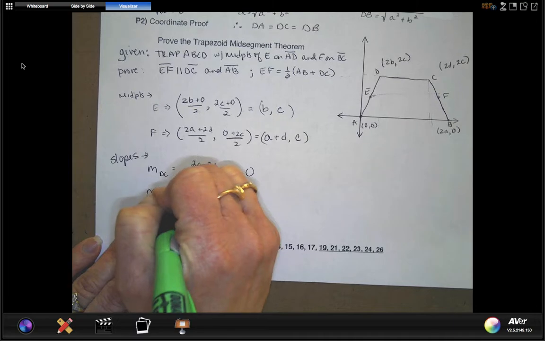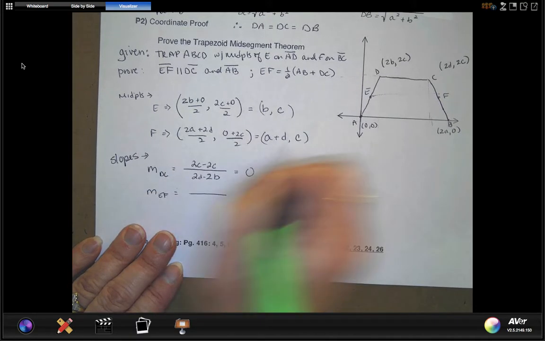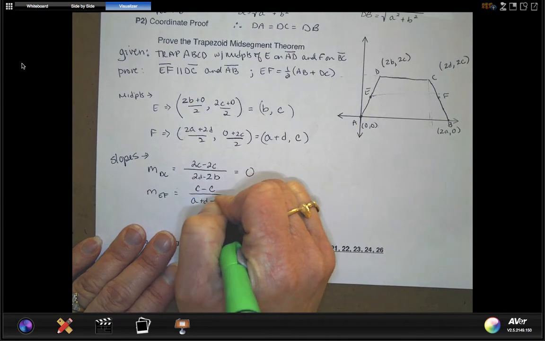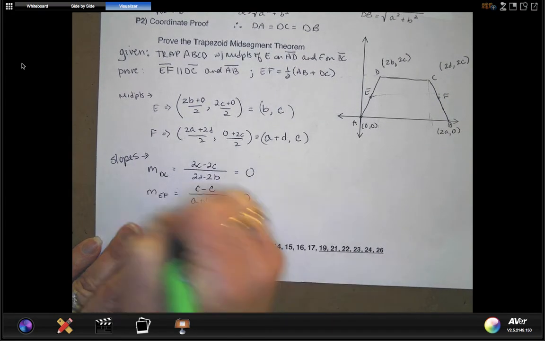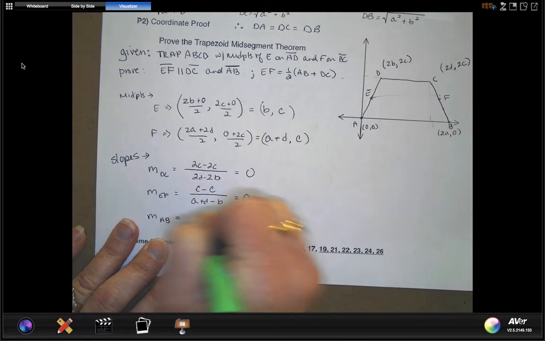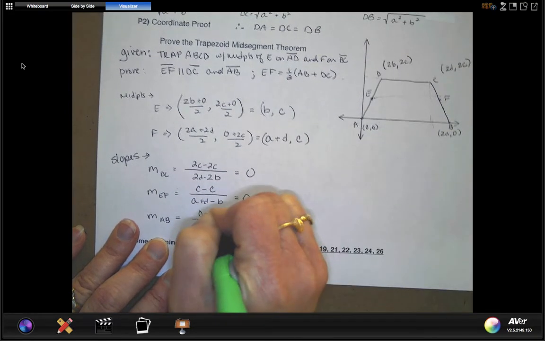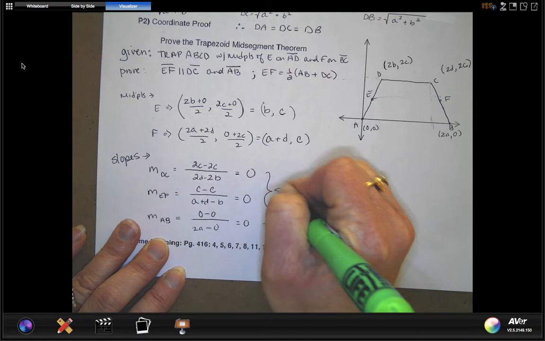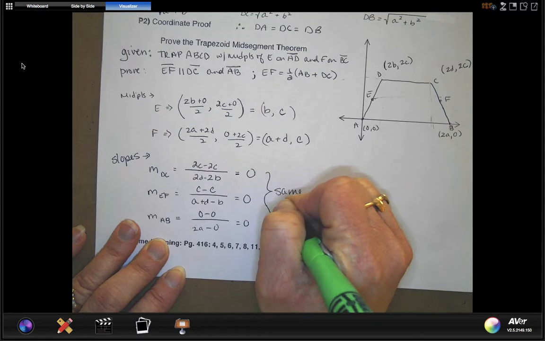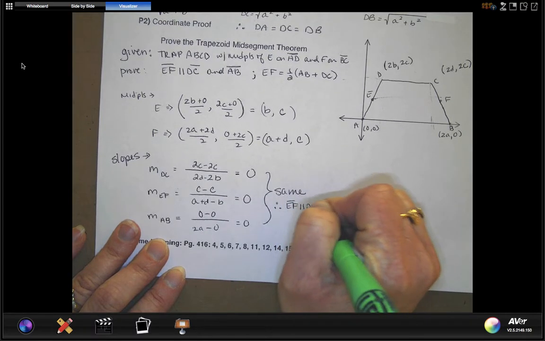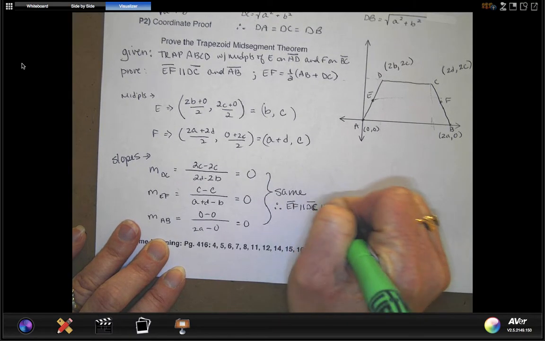The slope of EF, so up here I'm going to have C minus C, A plus D minus B, again 0. The slope of AB, 0 minus 0, 2A minus 0, so again 0. So these are all the same. So therefore EF is parallel. They're actually all parallel to each other, so DC, which is parallel to AB. So everything's parallel.